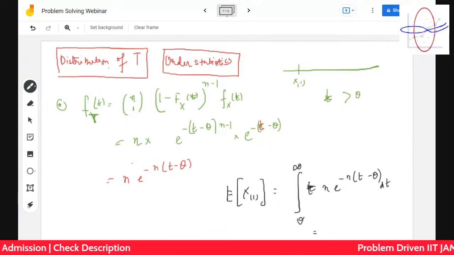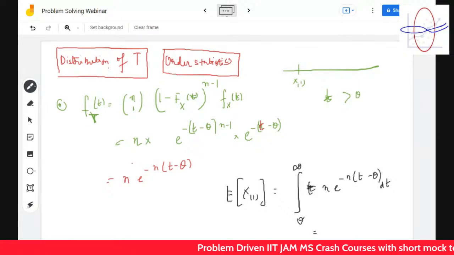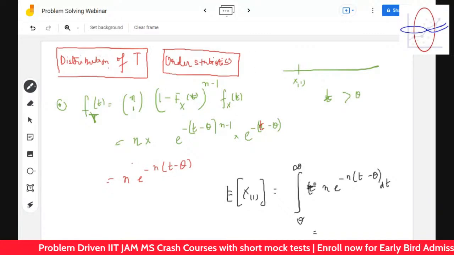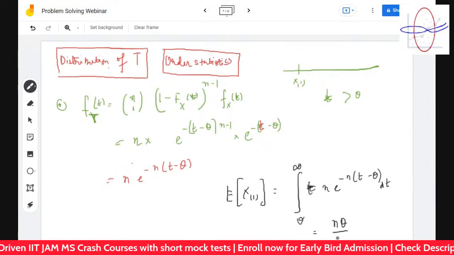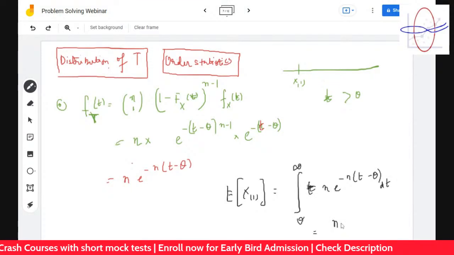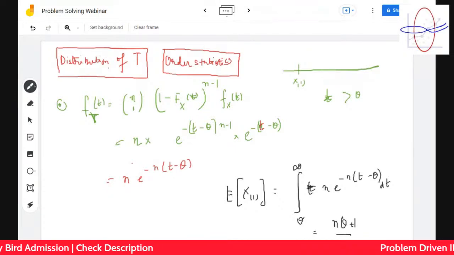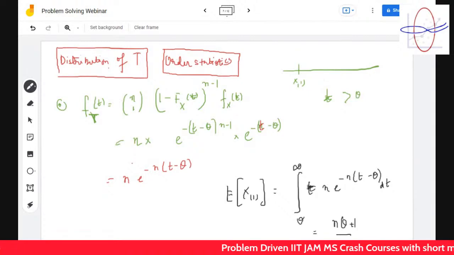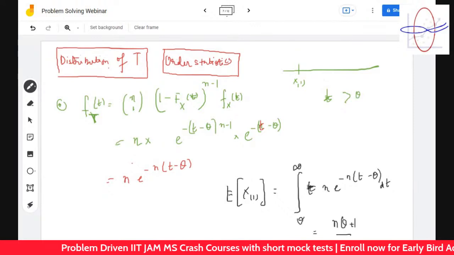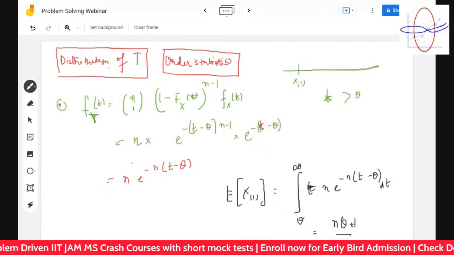I am getting theta plus 1 by n. Okay, very good. Others also got the solution of this integration.